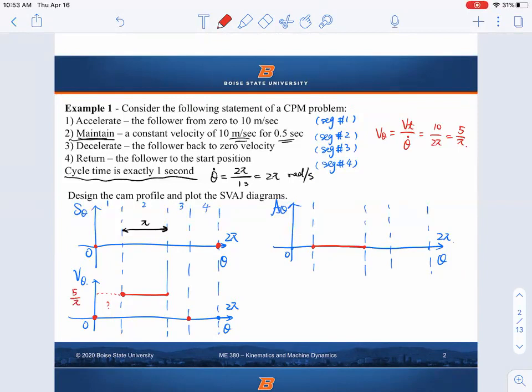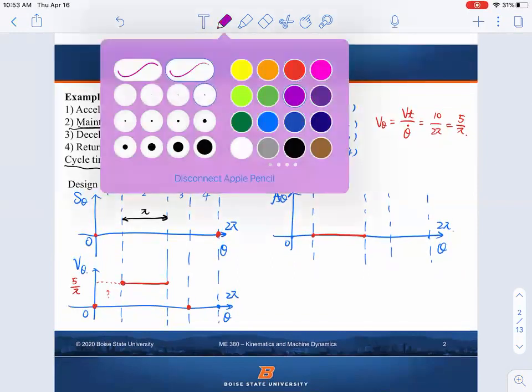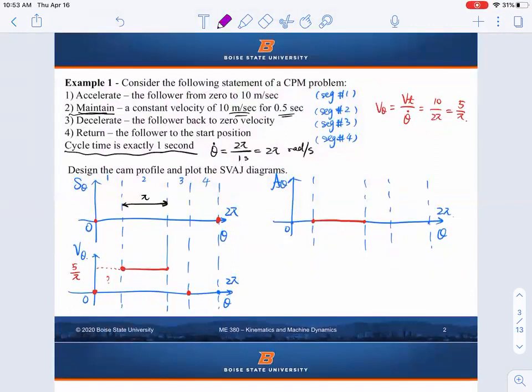Okay, so in order to start our design, we have to find the boundaries of all these segments. In this case, we assume that the first segment has a width of pi over 6. And then if that's the case, this is 7 pi over 6.